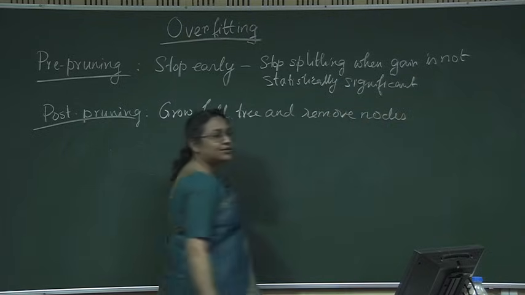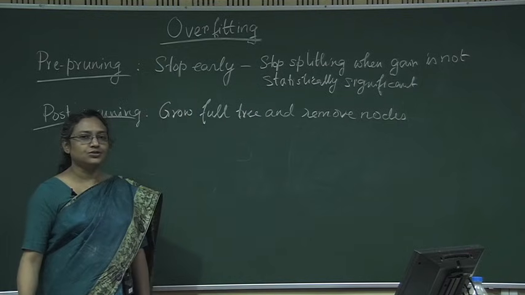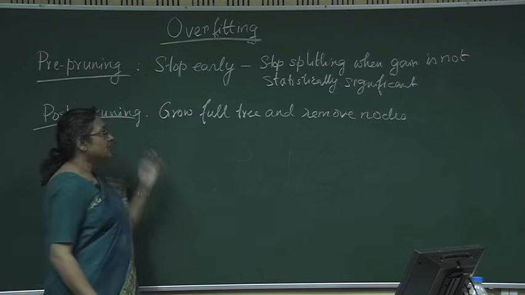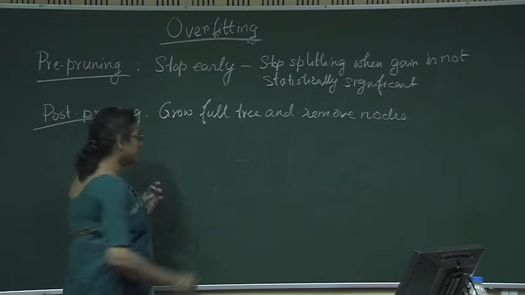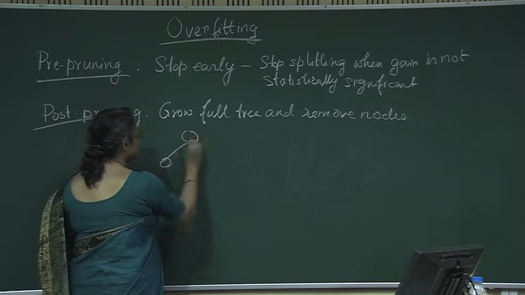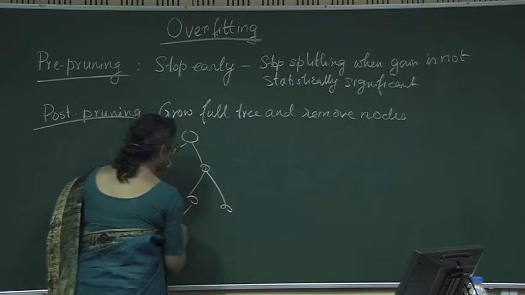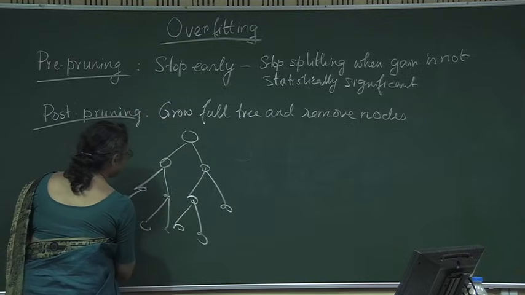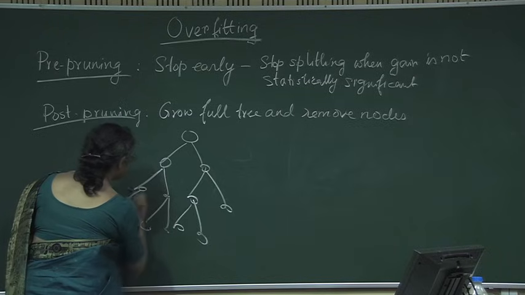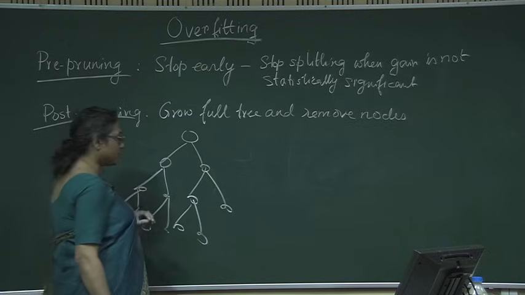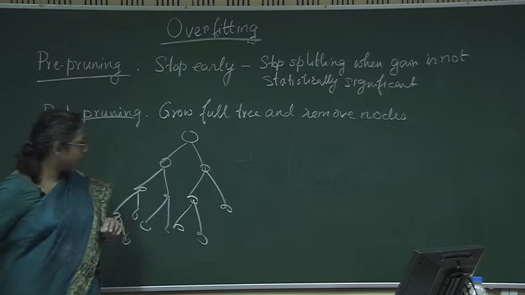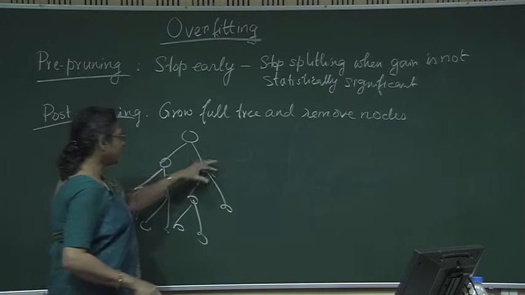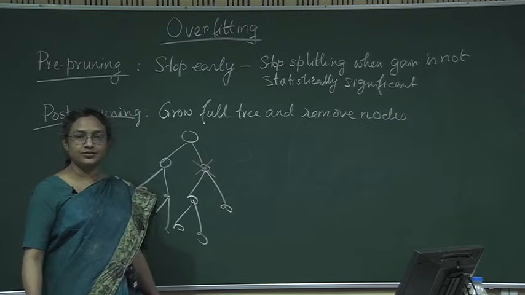There are several heuristics which have been used to decide which subtrees to remove. Suppose you have grown a decision tree which is quite big, and you want to decide whether you want to prune a subtree, that is, make it a leaf node.